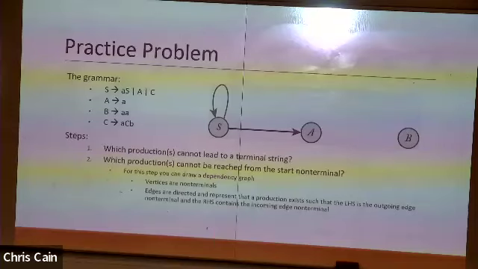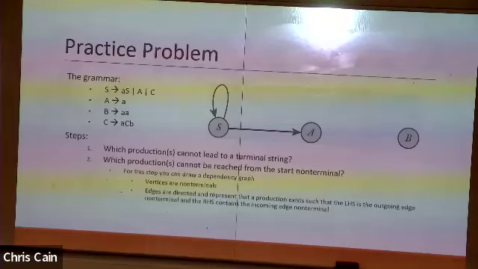Anything else? Clarification questions? Do those edges need labels for the characters in that kind of graph? It's easiest to visualize from the non-terminals.